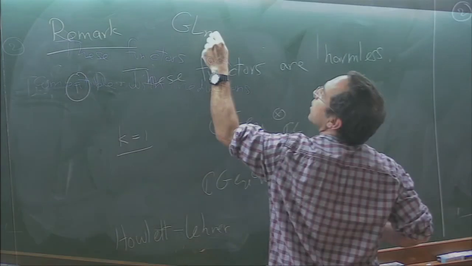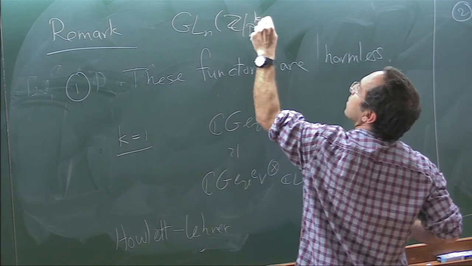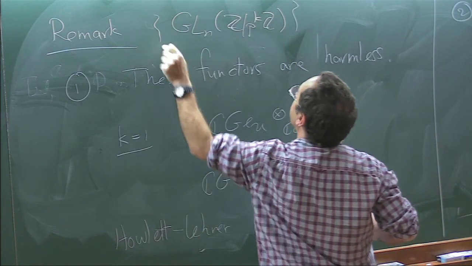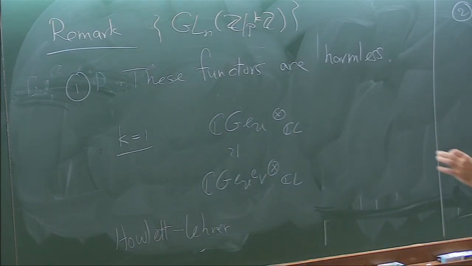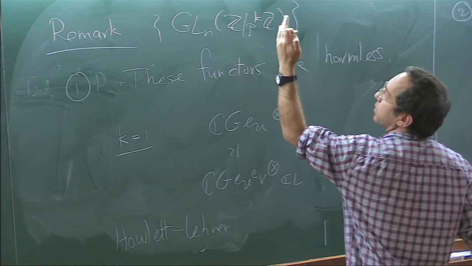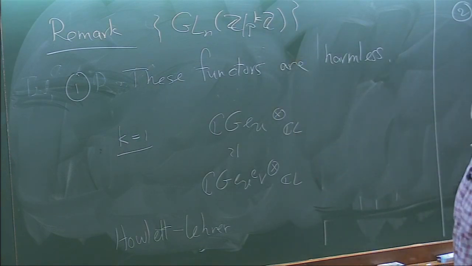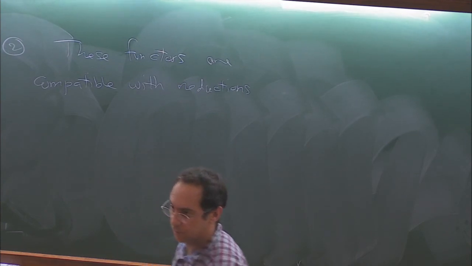This remark really concerns the family of groups GL_n(Z/p^K). If you define these functors with respect to K and then with respect to K', and you have the reduction maps, then it doesn't matter if you first use these functors and then reduce, or first reduce and then use the functors. Okay, so let me just end by quoting a few theorems.